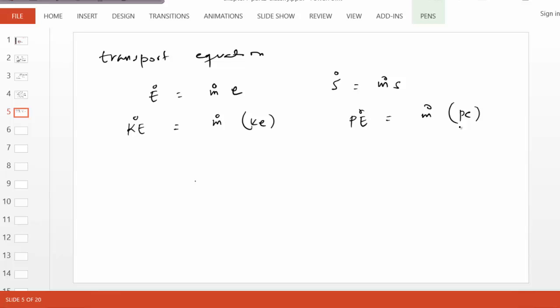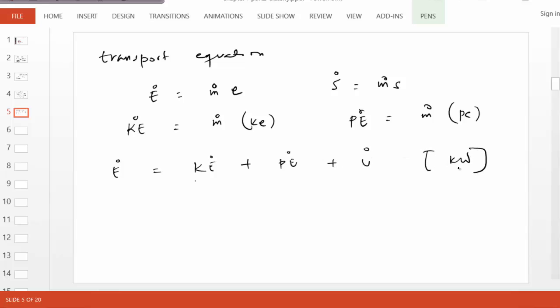So what do these equations mean? They mean that they are also extensive properties of a flow, just like E and Ke and Pe were total properties of a system. They were also extensive. So as you can see, E dot is Ke dot plus Pe dot plus U dot.